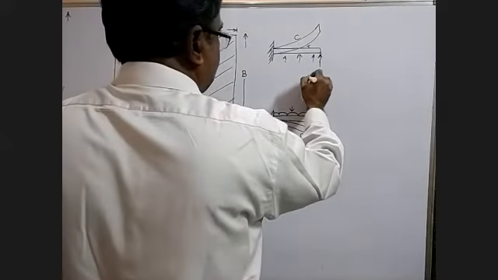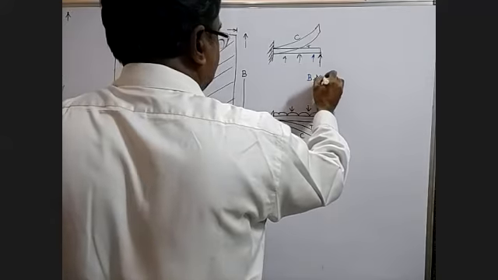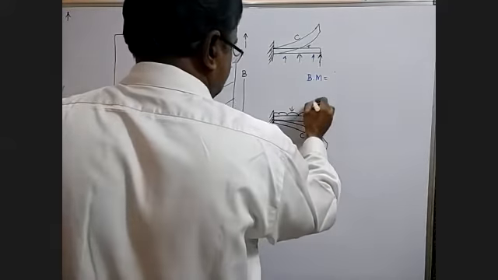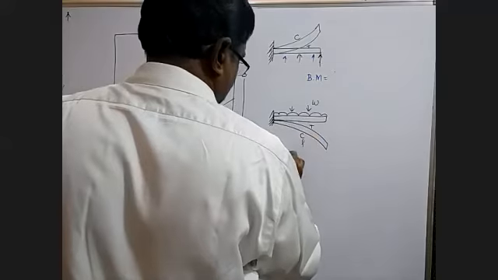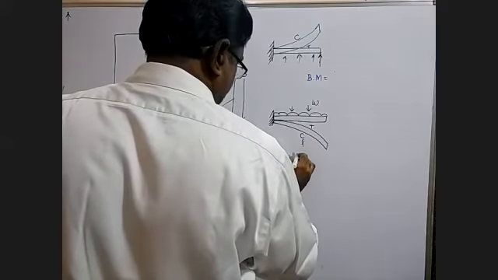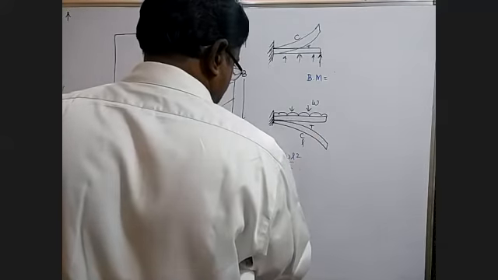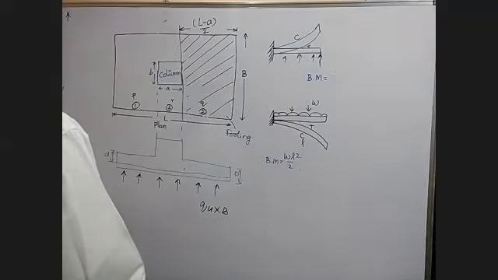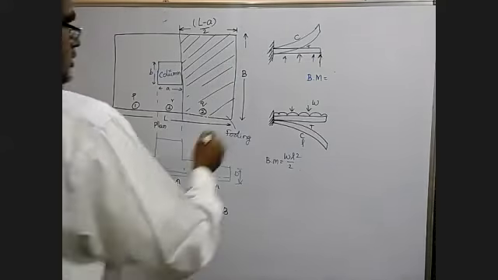So what is the bending moment of this cantilever? It is equal to, let us say the general formula is W L square by 2. This is the bending moment.